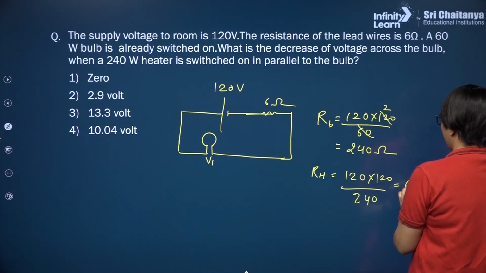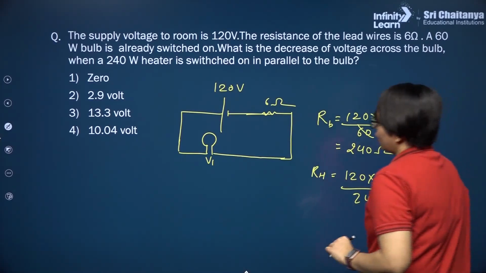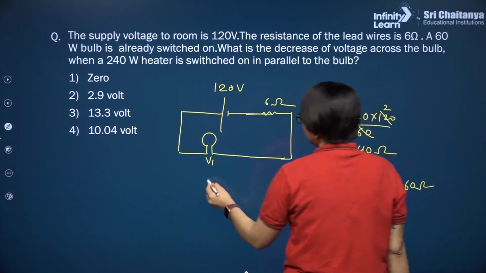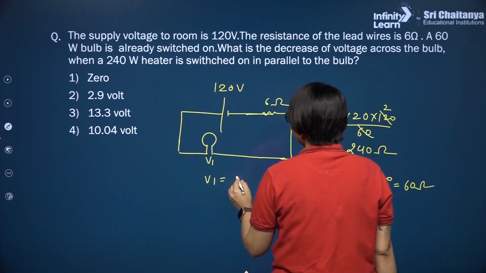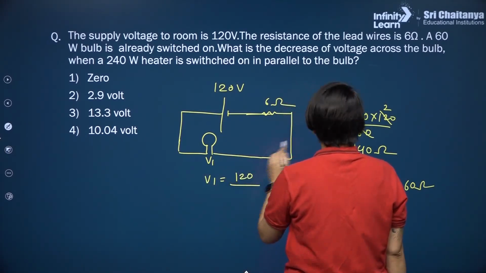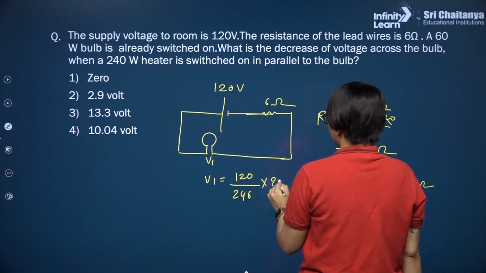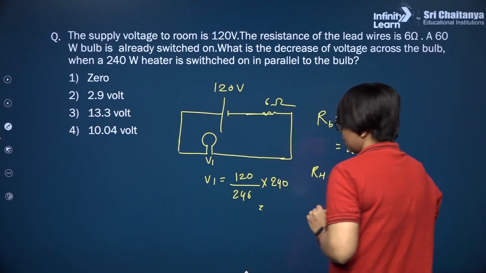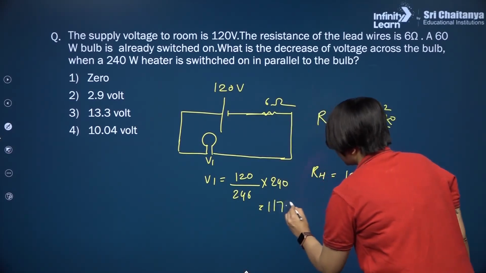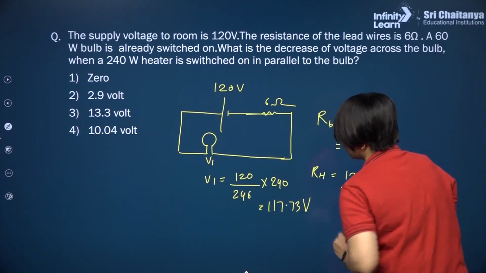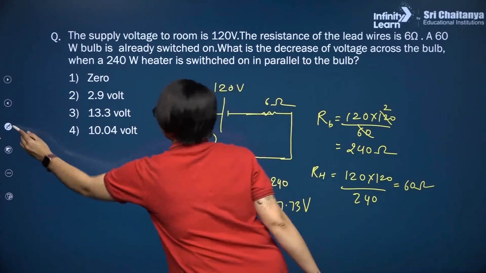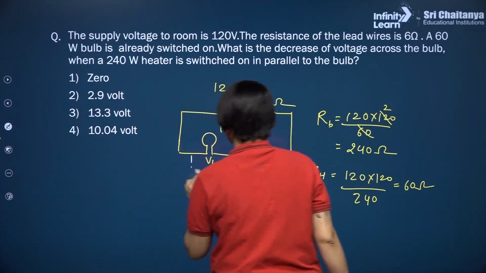So it is 60 ohms. Now here the current I, which is 120 upon R, is 240 plus 6, 246, into R which is 240, that is equal to 117.73 volt.